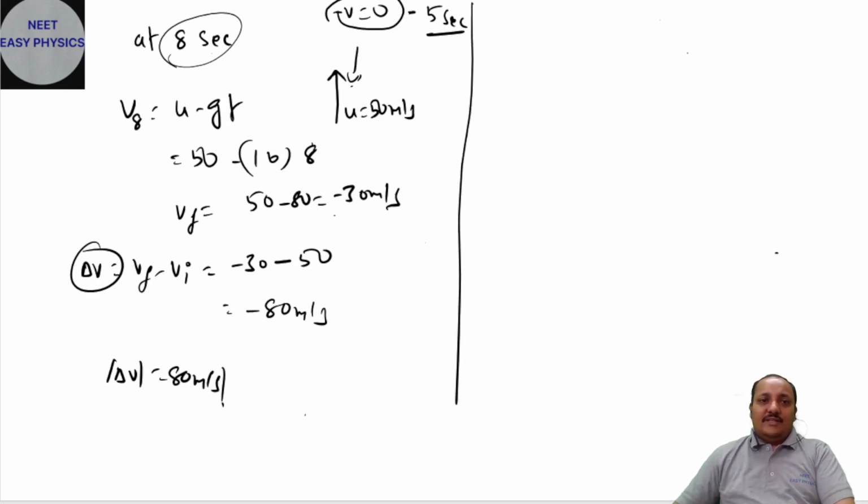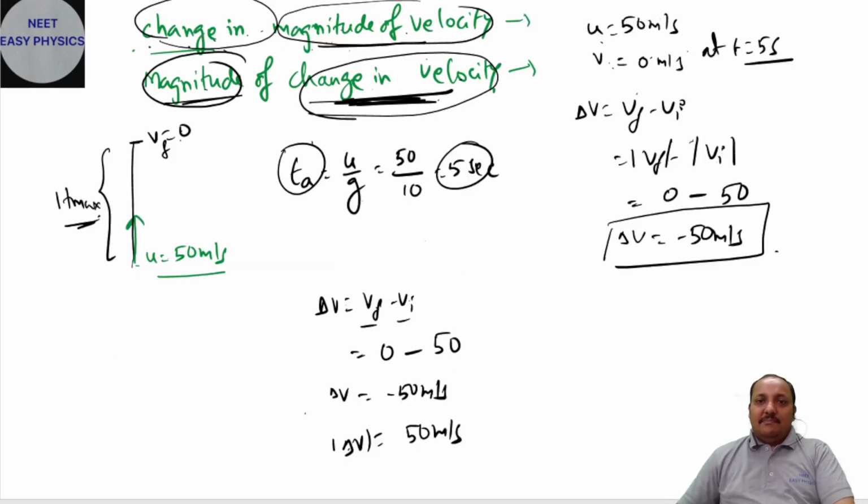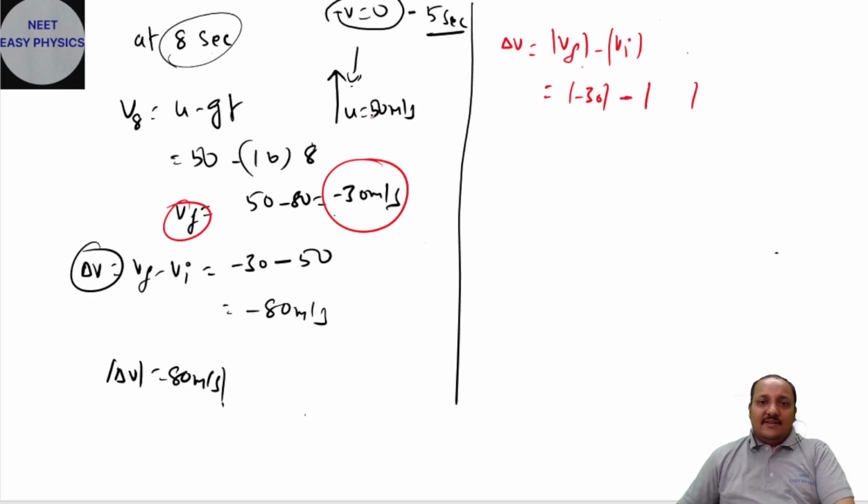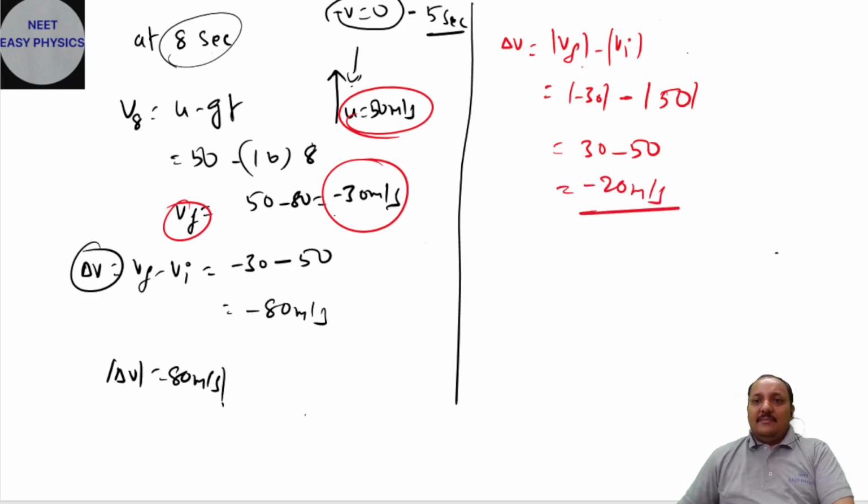Now we will see change in magnitude of velocity. Delta V is going to be magnitude of Vf minus magnitude of Vi. Magnitude of Vf, here Vf is minus 30, so magnitude is 30, minus the initial velocity 50. So 30 minus 50, what are we going to get? Minus 20 meter per second.